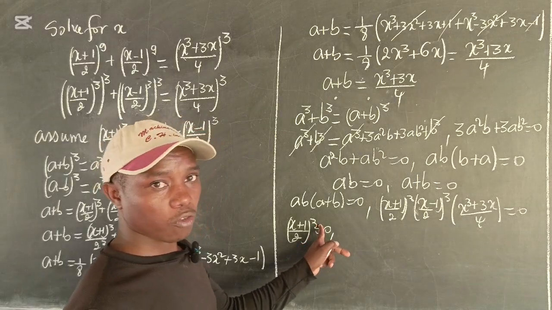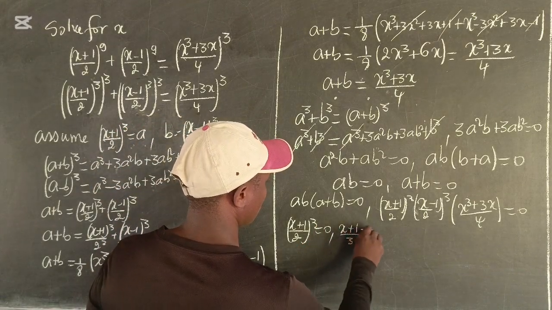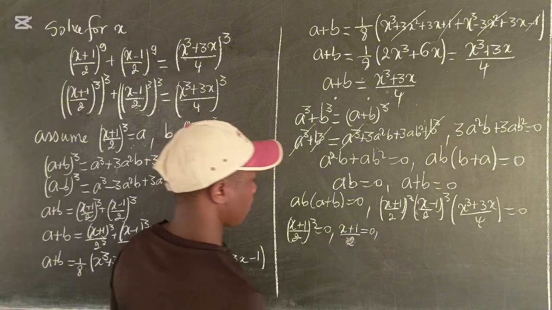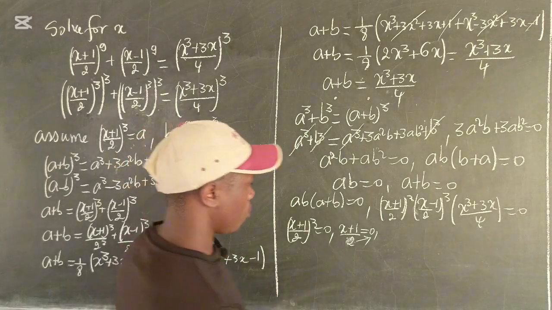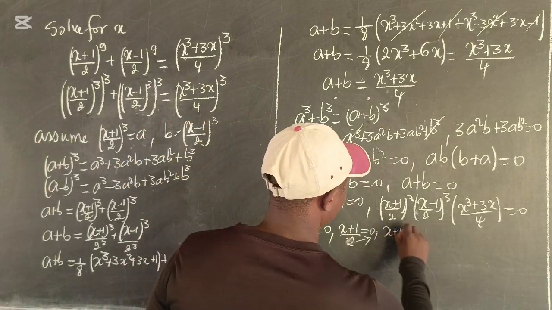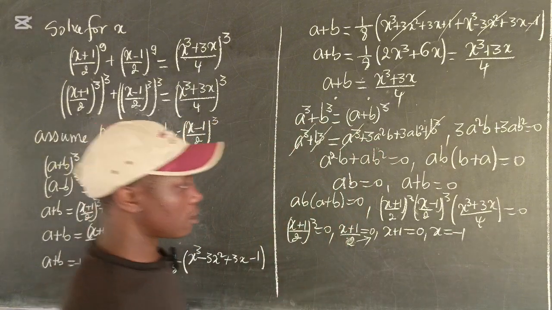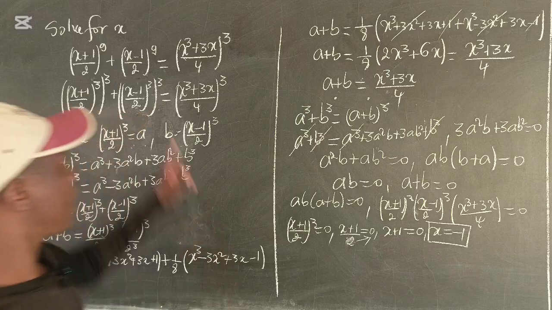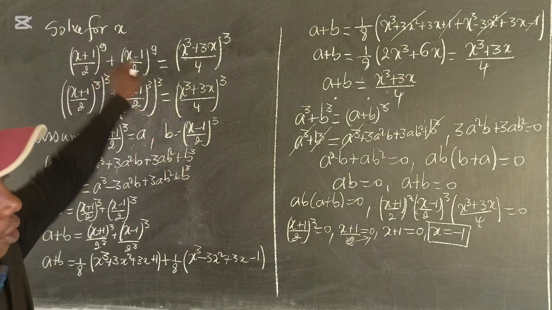Powering everywhere by 1 over 3, we have x plus 1 over 2, which is 0. Crossing multiplication, we have x plus 1 is 0, and x is equal to minus 1. This is one of the values of x that will make this valid.